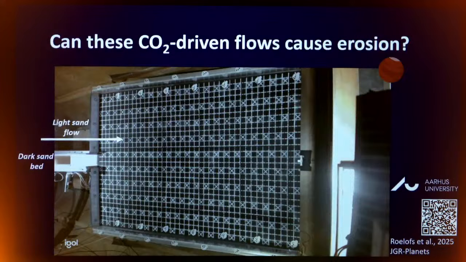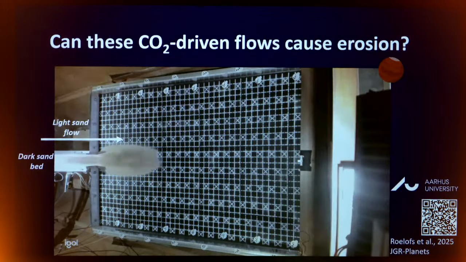The first question then is, can these flows cause erosion? What you see here on the left is a dark sand bed inserted in the bottom of the flume. This is more of an illustrative experiment because it shows the contrast nicely. The erodible bed is dark volcanic sand, and the cryoclastic flow that we let flow over this material is made of yellowish quartzite sand with CO2 ice grains.